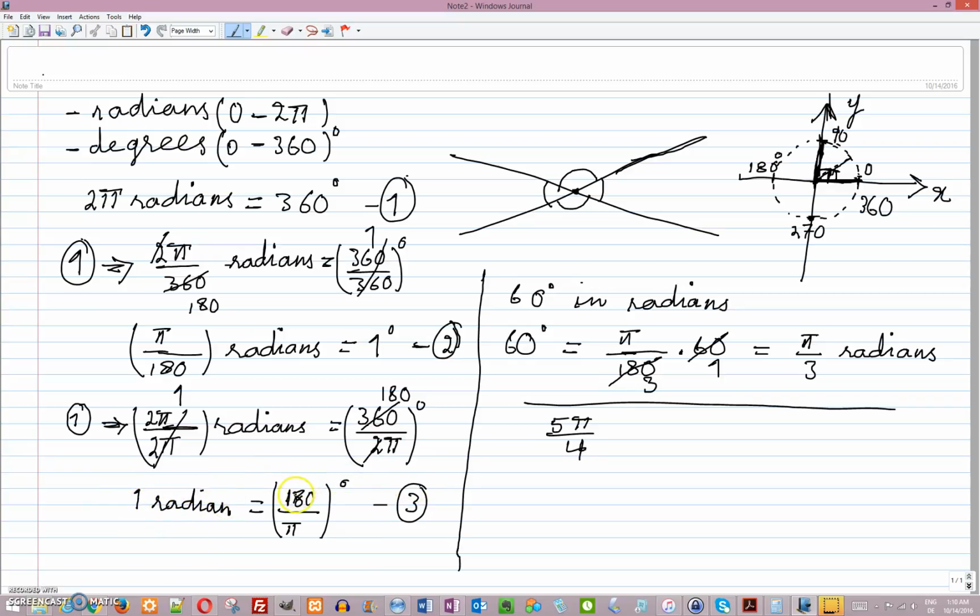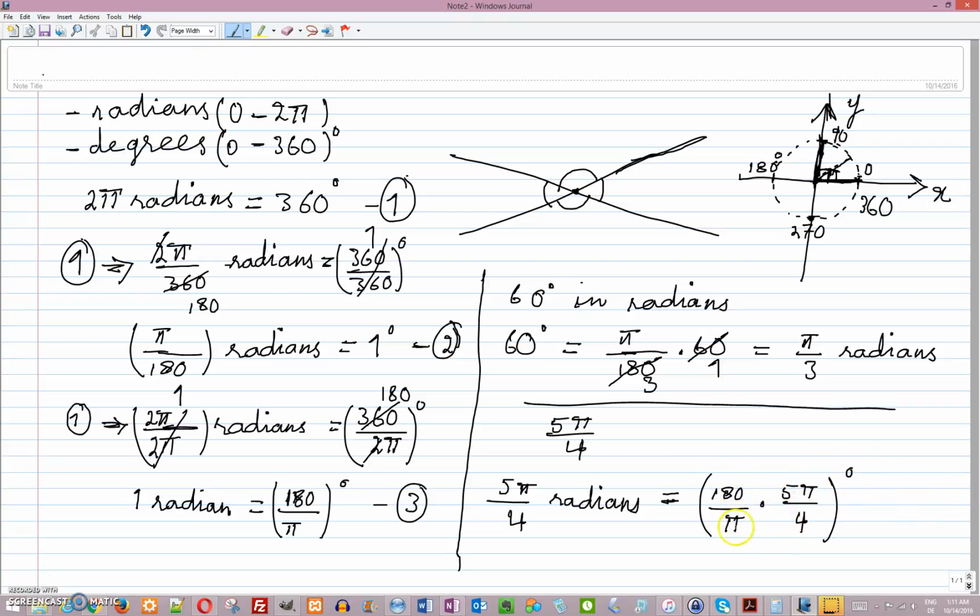If 1 radian is equal to 180 by pi degrees, then for 5 pi by 4 radians you just multiply both sides by 5 pi by 4, and then you get 5 pi by 4 radians is equal to 180 by pi into 5 pi by 4 degrees.